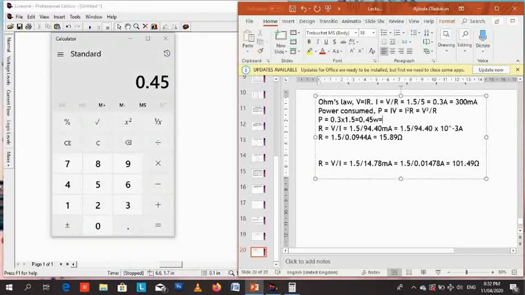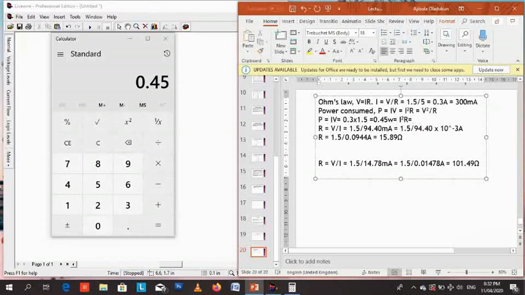The unit for power is watts. You can write it as W, or in full, watts. So P equals IV gave us 0.3 multiplied by 1.5, which is 0.45 watts.